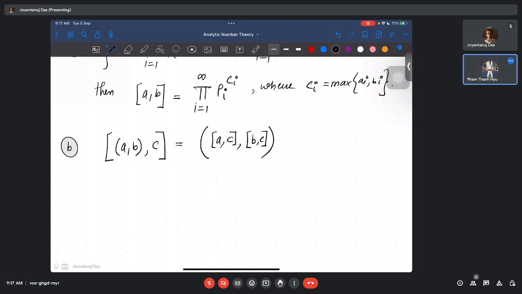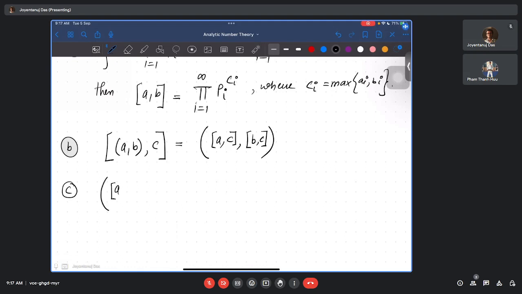And the third property is, if you take the LCM of A, B and C, and find the GCD, the GCD will be outside now: the LCM of A and C, the LCM of B and C, and then find the GCD.